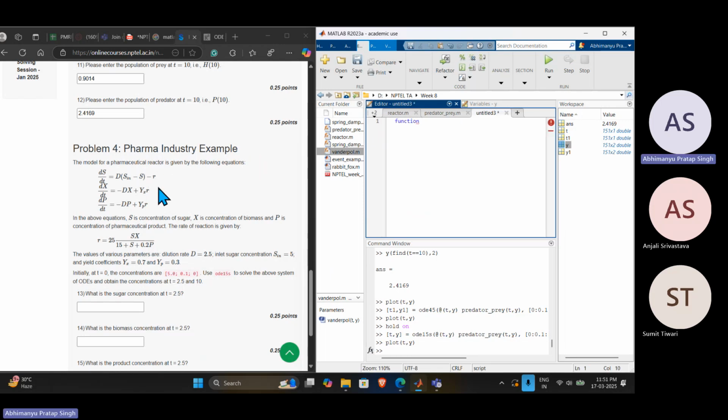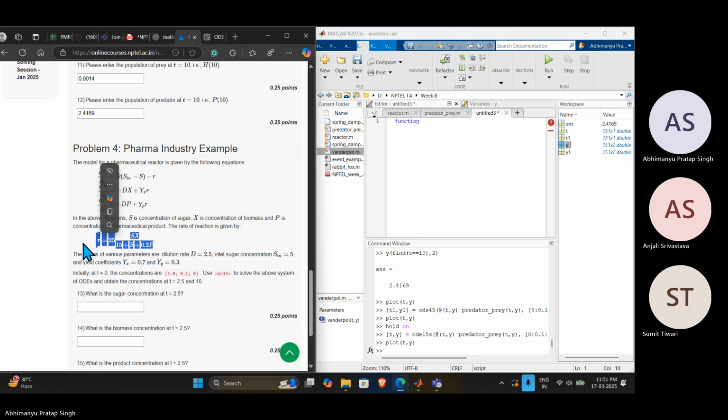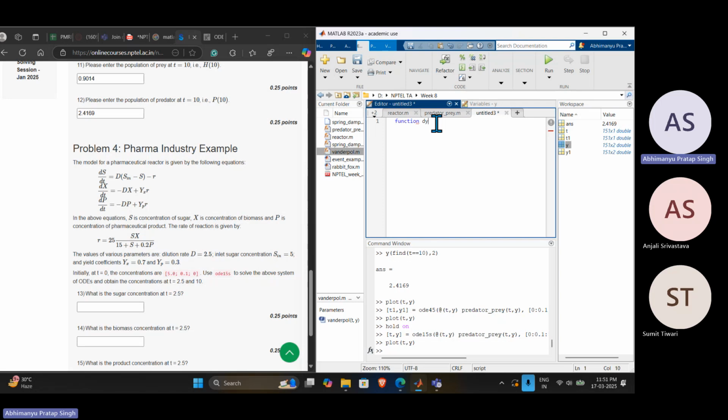So for every time step, we first need to calculate this R scalar value, and then we need to find these time rates. So I will do that. t comma y.